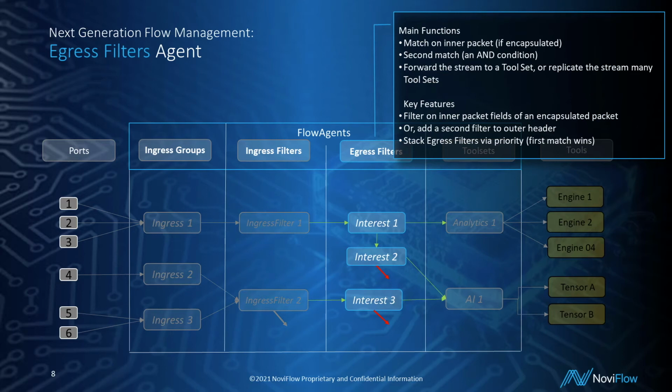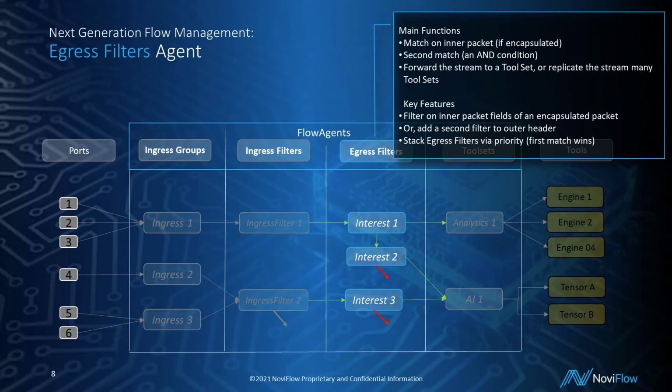So that's what's given to us by having 2 phases here, the ingress, where we look at the outer headers, and egress, where we look at the inner headers, if that exists. The second one is, if this is only a 1-header packet, we can use this for an AND.